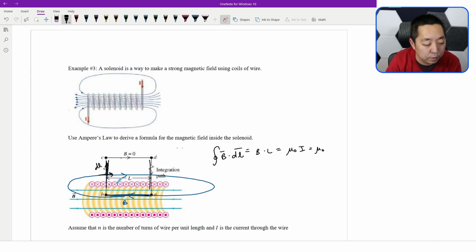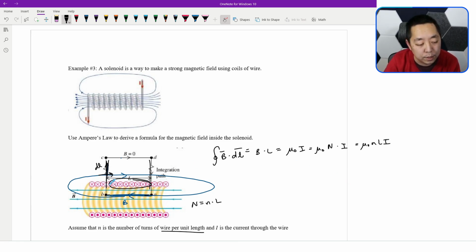That means the number of times that the current is piercing through here, like how many are going through here, N would be little n times the length, because little n is the number of turns per unit length. So I multiply by the length to get the total number of turns there are. And so the amount of current is N times I, which is mu naught n L times I.